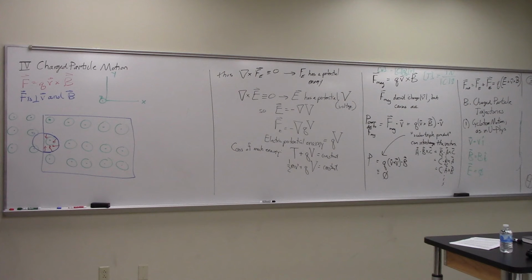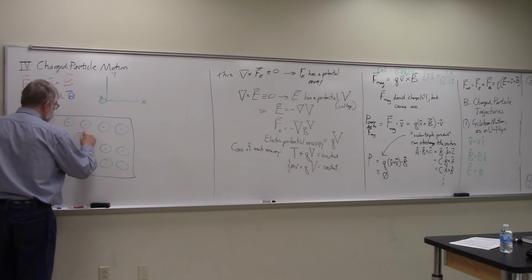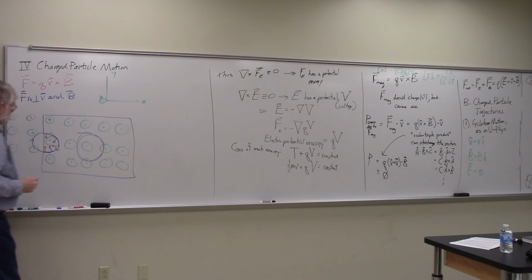Another way to make that happen is shut your magnetic field off, shoot your particle in, and when it's out here in the middle, flip the switch and turn the magnetic field on. That particle would start out going this way and then turn into a circle. It will circle around the B field line.